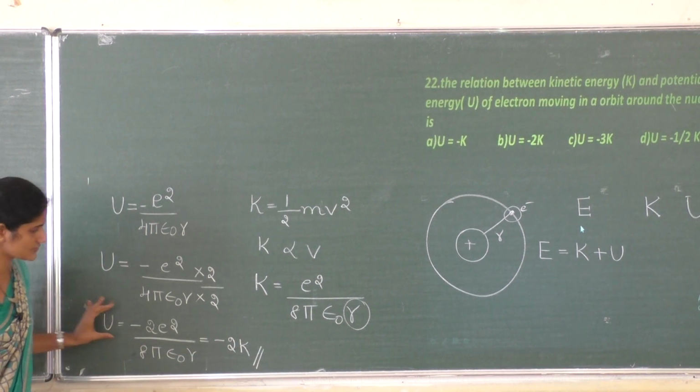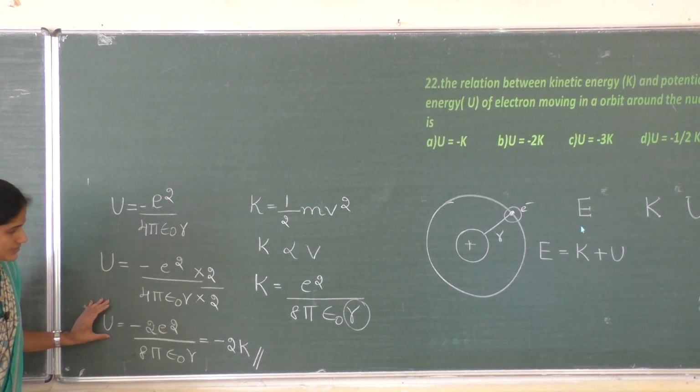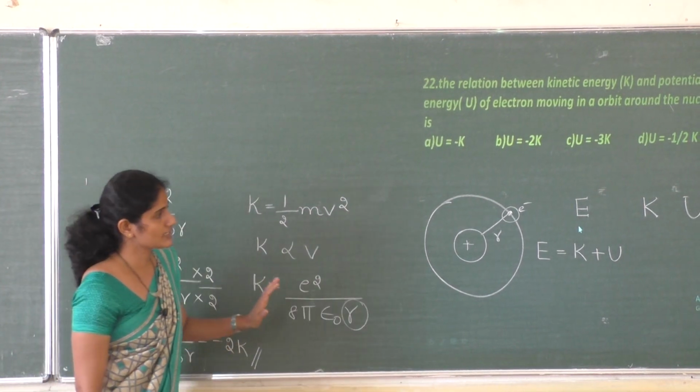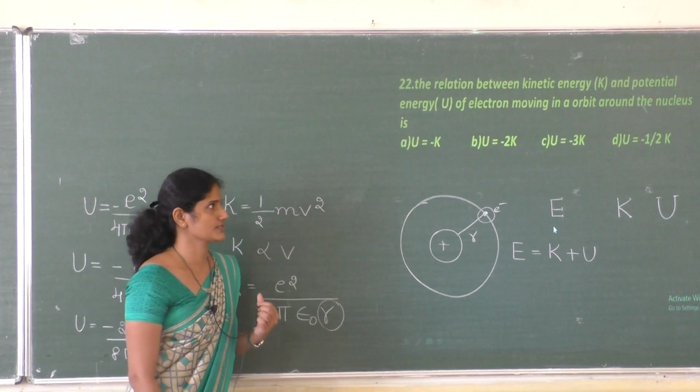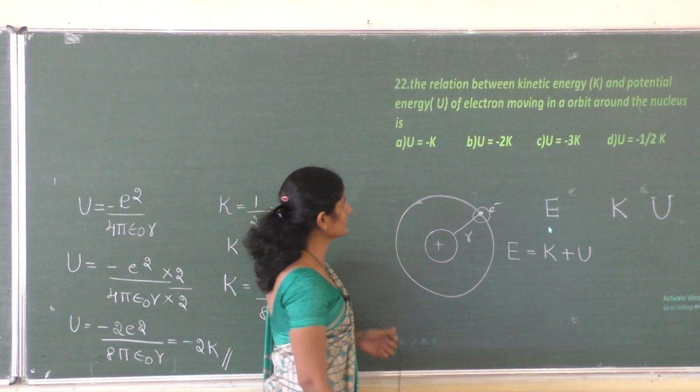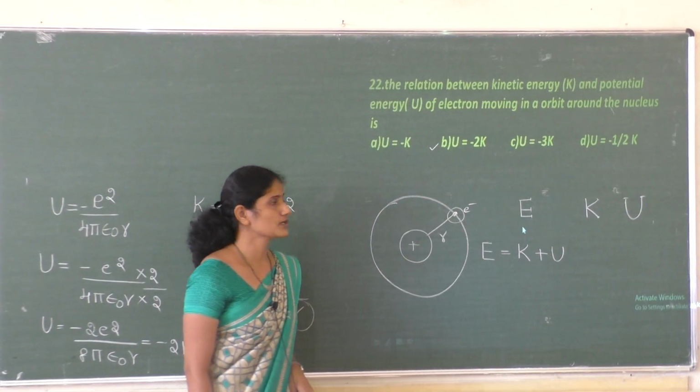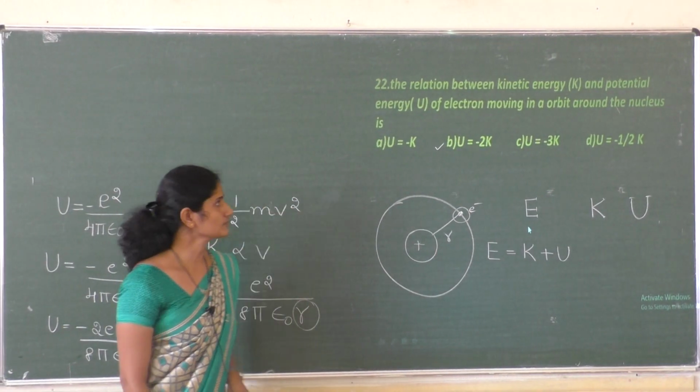This is the relation between potential energy and kinetic energy of an electron revolving around the nucleus. Therefore, the correct answer is option B: U equals minus 2K.